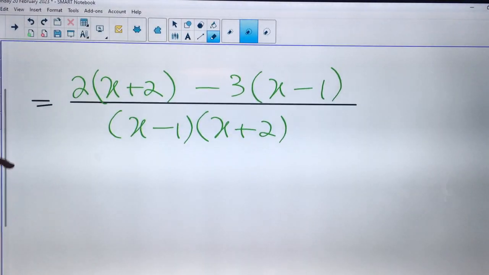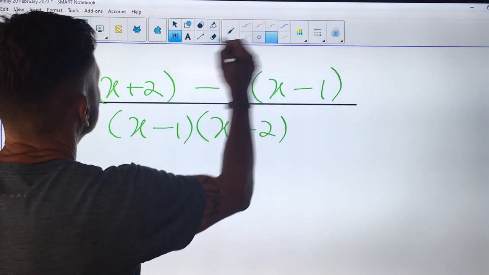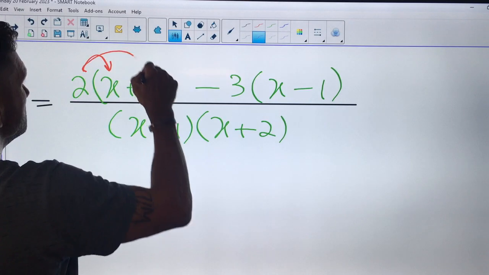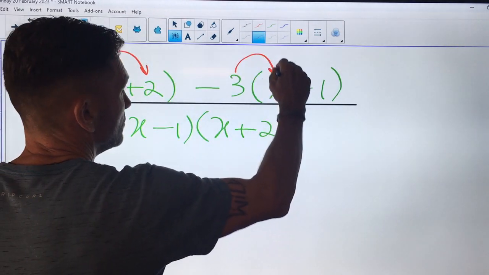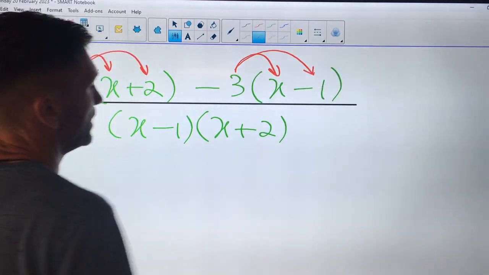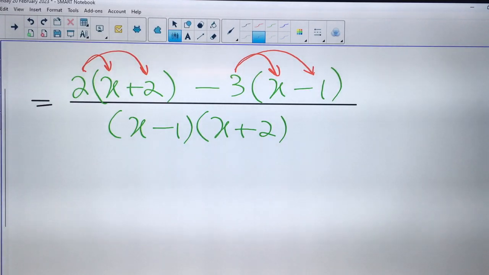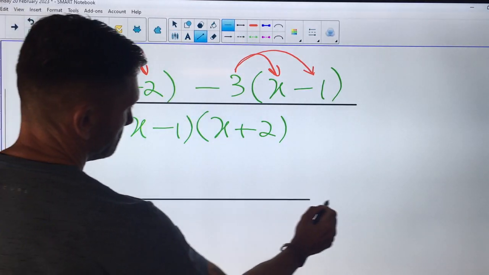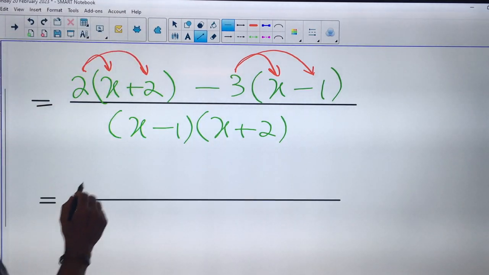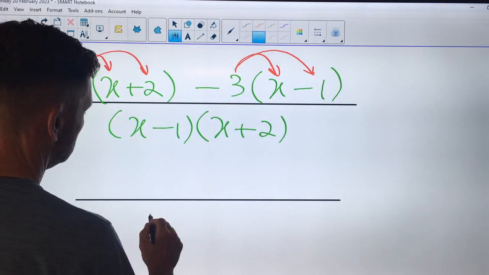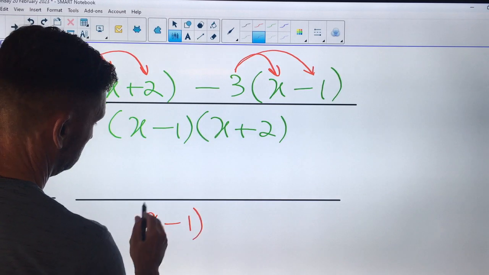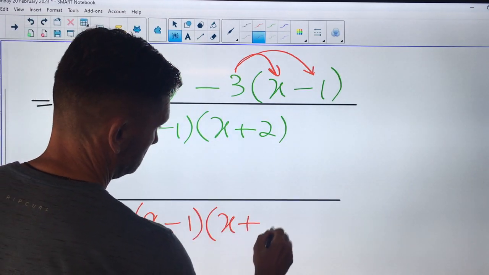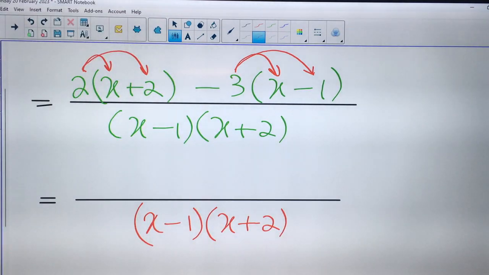What do we do next? Now we need to multiply out the brackets. Each number in front of the bracket is multiplied into the bracket. Note that the denominator stayed the same.